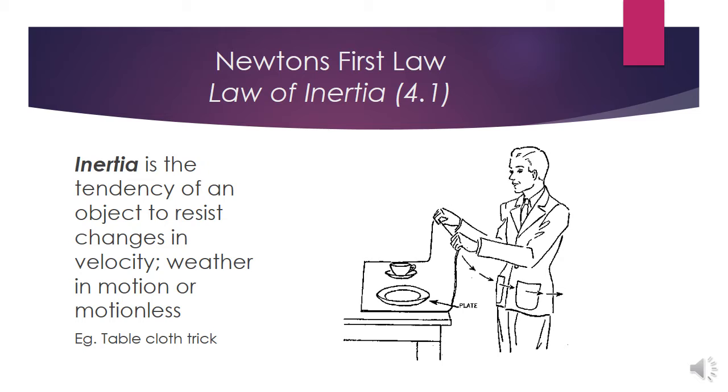So if you can pull that tablecloth fast enough, they won't move, because their inertia, their resistance to change, is going to keep them where they are there on the table. Okay, and we're going to see a lot more examples of inertia as we go through chapter 5 and chapter 6. So Newton's first law is the law of inertia, where objects resist any change in motion.